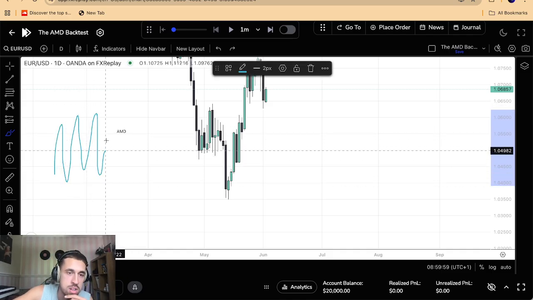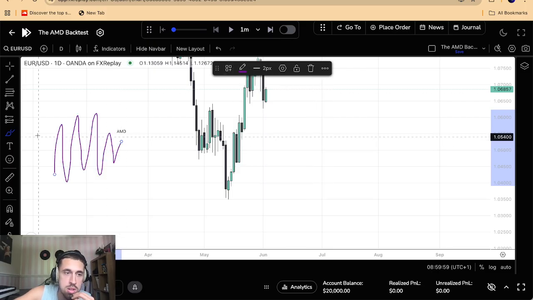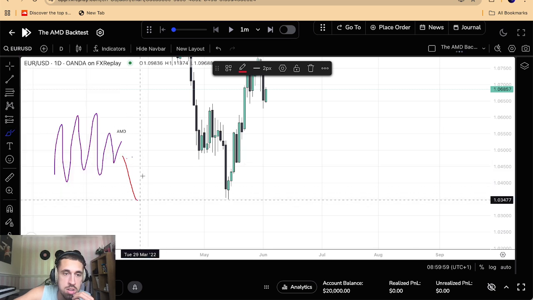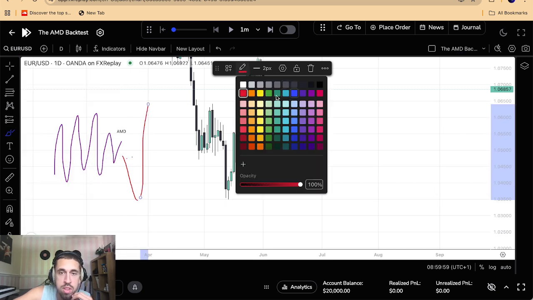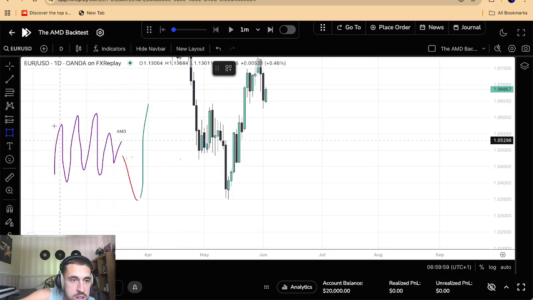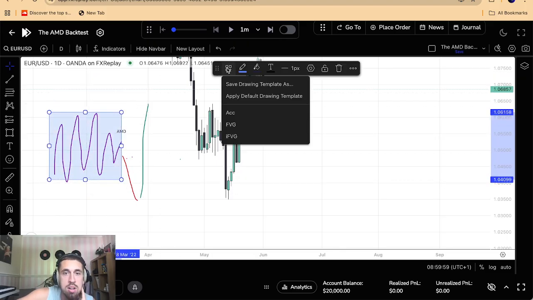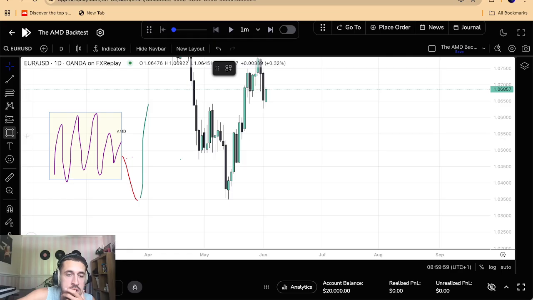Accumulation, followed by manipulation, followed by distribution. So it's gonna look something like that. We'll mark that out as accumulation.